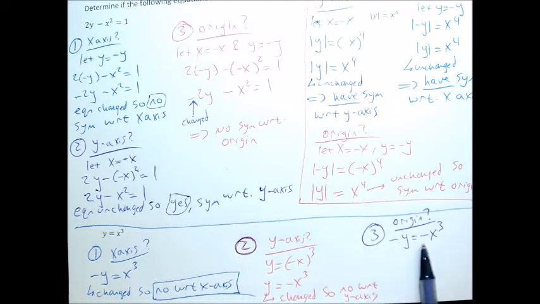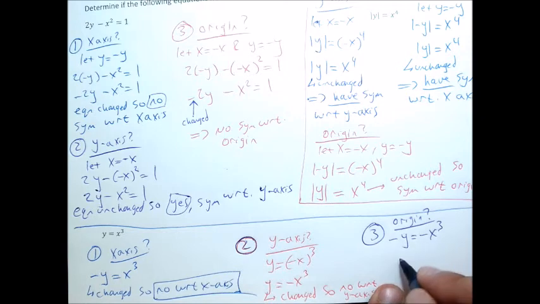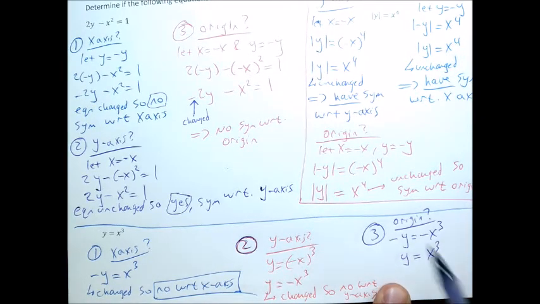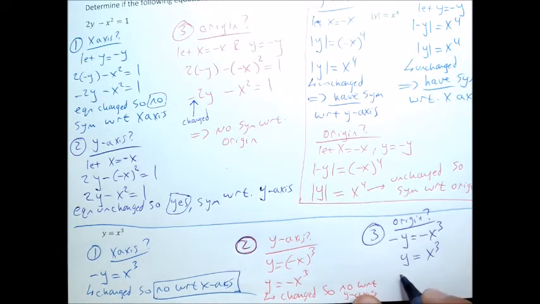And so in this case, we multiply both sides of the equation by negative 1. And so this is the same thing as just y equals x cubed. Because we could multiply both sides of the equation by negative 1 again, and it would be the original. And so this didn't change.